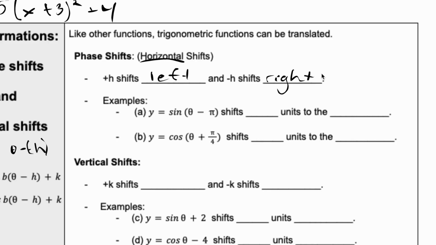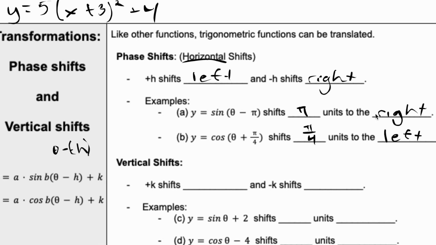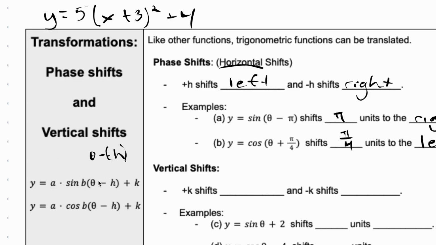So here we have this minus pi. This is going to be shifting pi units to the right. Here we have plus pi over 4. This is going to be shifting pi over 4 units to the left. One thing I will say is it's very important that you factor out your b value here, because things can get messy if you don't, and you'll have the wrong horizontal shift.